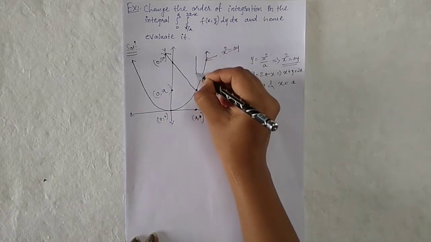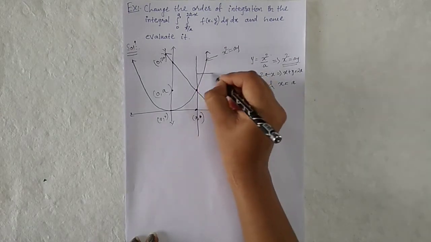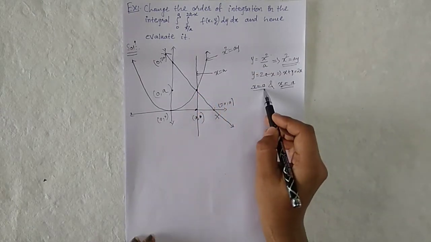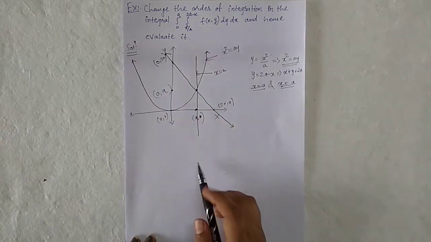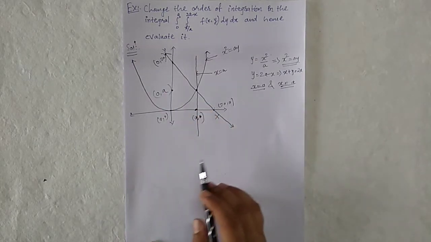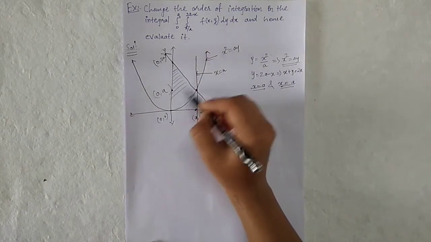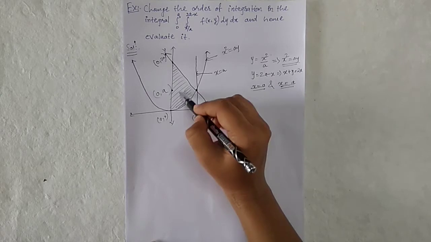So this line is x is equal to a, and x is equal to 0 is my y-axis. So our region is this shaded portion.